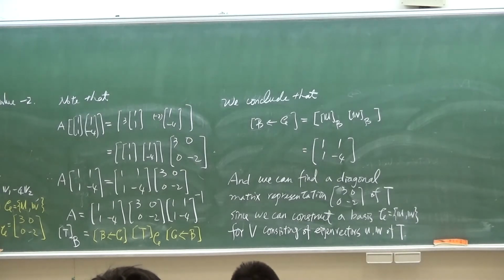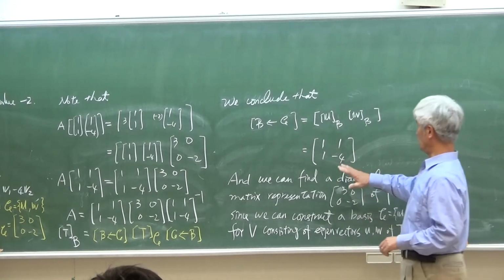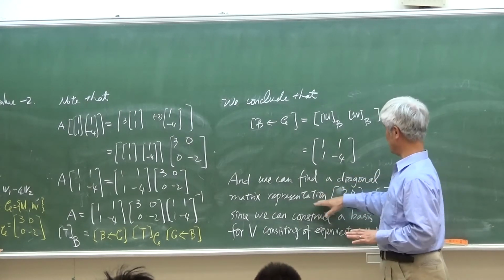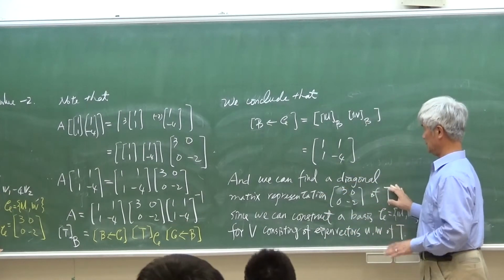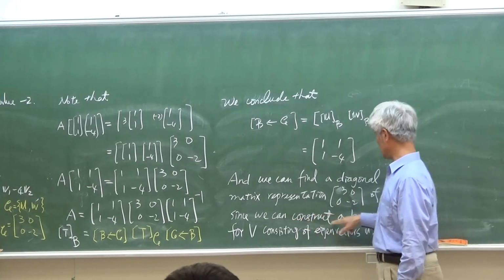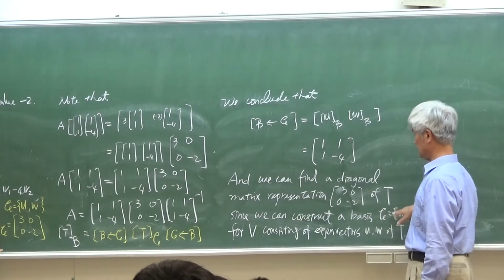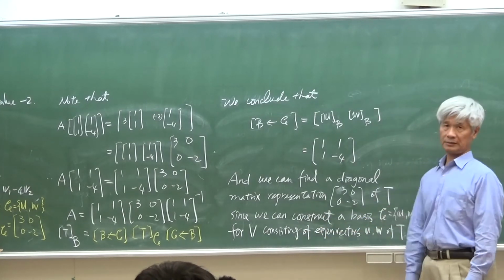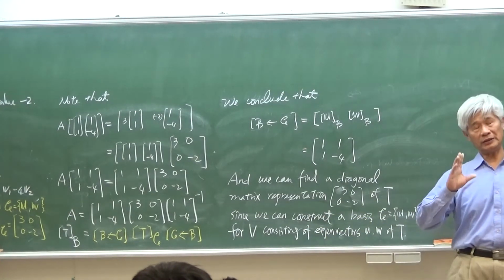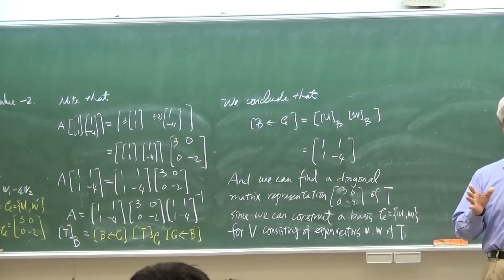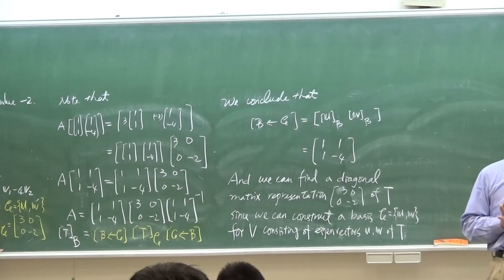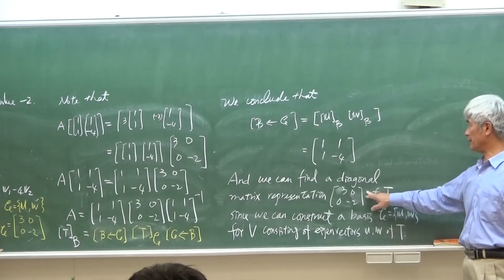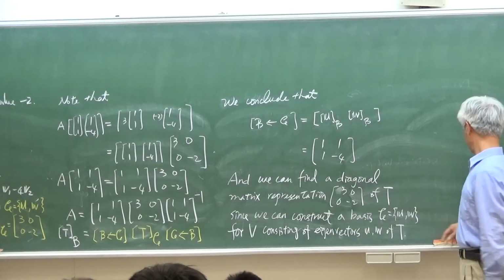So the main reason we can find a diagonal matrix representation of T is that we can construct a basis C, and this basis consists of eigenvectors. So we have to find a basis which consists of eigenvectors. If we cannot do this, then we cannot find the diagonal matrix representation.